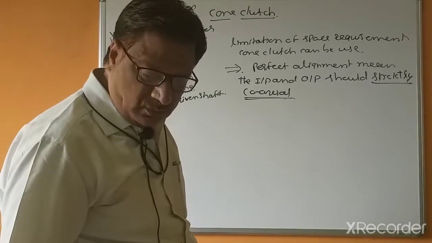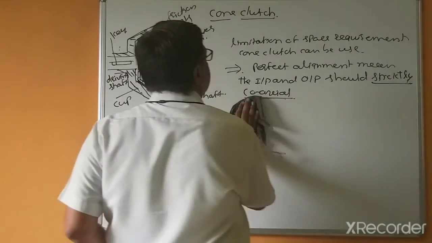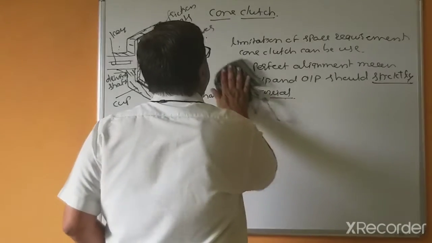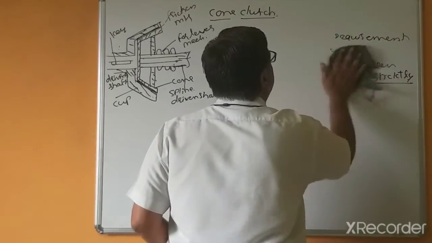Now, again in the cone clutch, there are two theories. The first is the uniform pressure theory, and the second is the uniform wear theory.